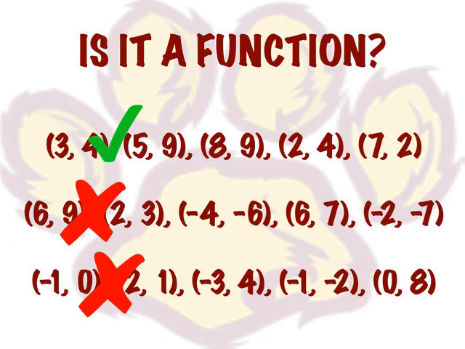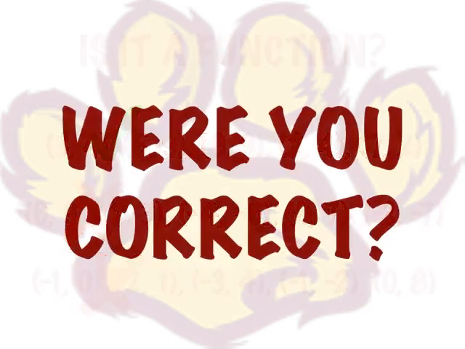First time, -1, 0, and the second time, -1, -2. Again, if the x values repeat, you need to have the same y value. Otherwise, it will not be a function. So, were you correct? Hopefully this has made things a little bit clearer in understanding whether or not something is a function.